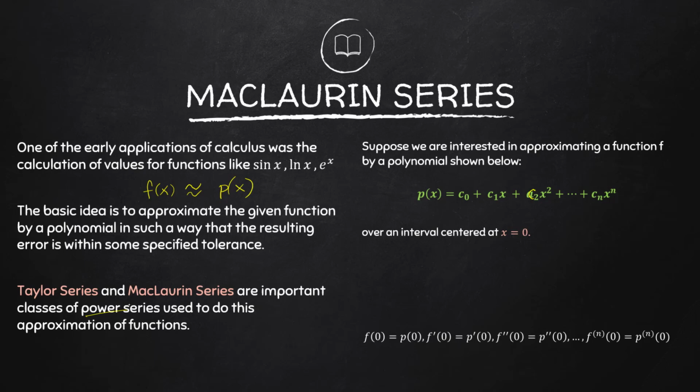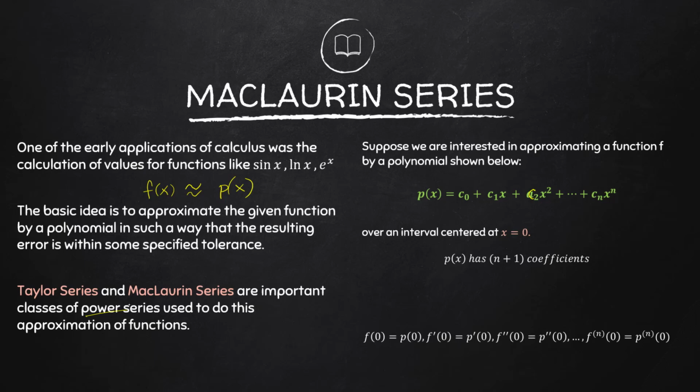Over an interval centered at x is equal to 0. When we say an interval centered at x is equal to 0, we will evaluate them later on at x is equal to 0. P of x has n plus 1 coefficients.